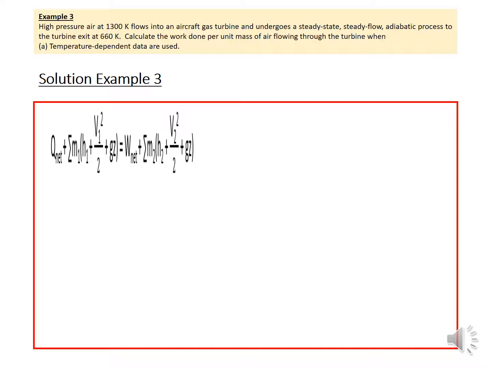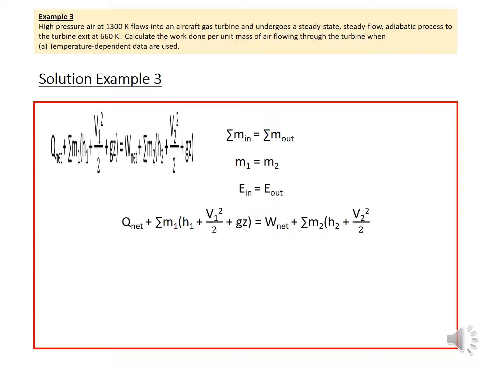Solution for example 3. Firstly, derive the equation. The mass conservation equation: summation of M in equals summation of M out, so M1 equals M2. E in equals E out: Q net plus summation of M1 (H1 plus V1 squared over 2 plus GZ) equals W net plus summation of M2 (H2 plus V2 squared over 2 plus GZ).